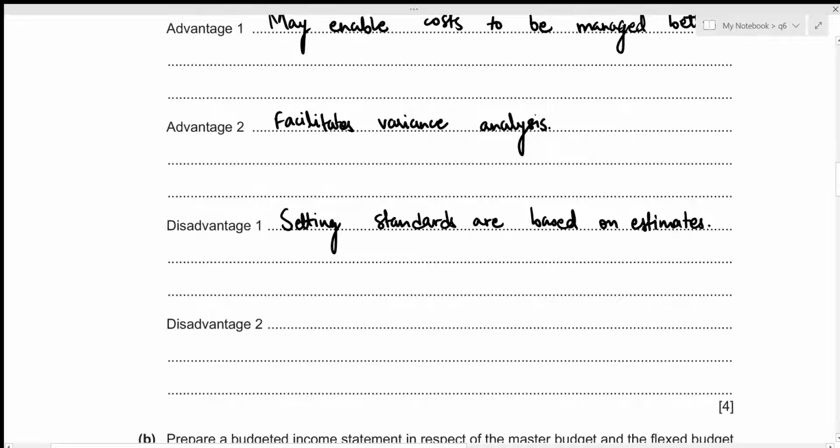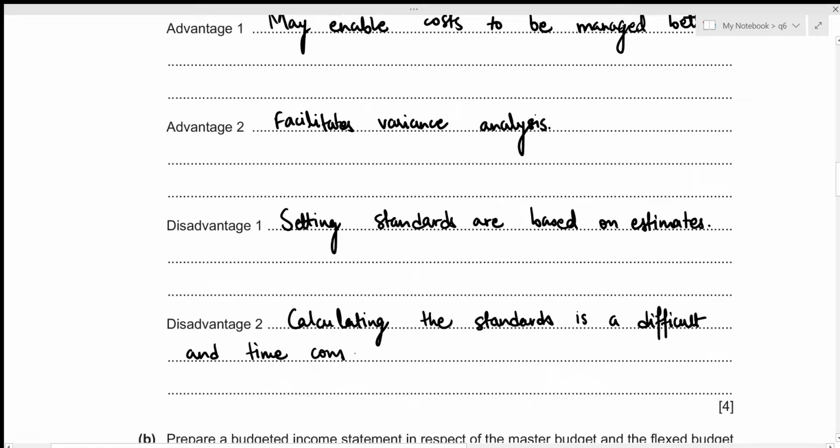And the second disadvantage is that calculating these standards is a difficult and time-consuming job. Let's write it down. Calculating the standards is a difficult and time-consuming job. This concludes the first part of this question. Now we can move towards the second one.